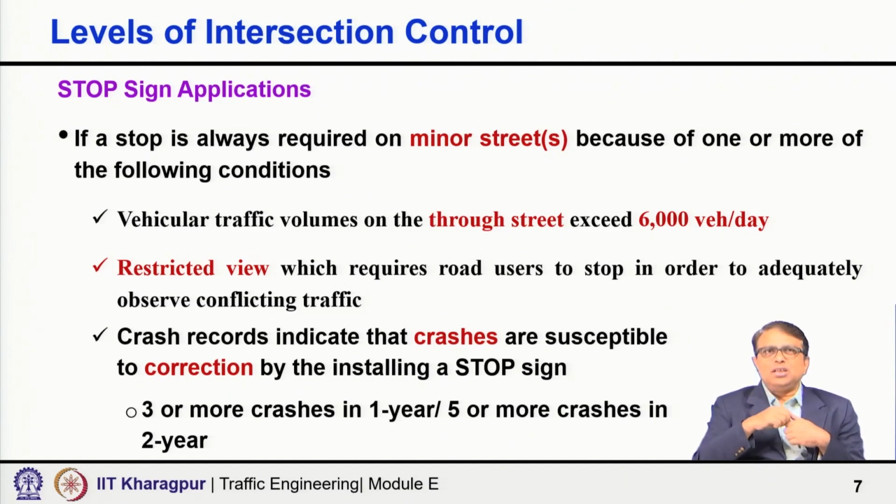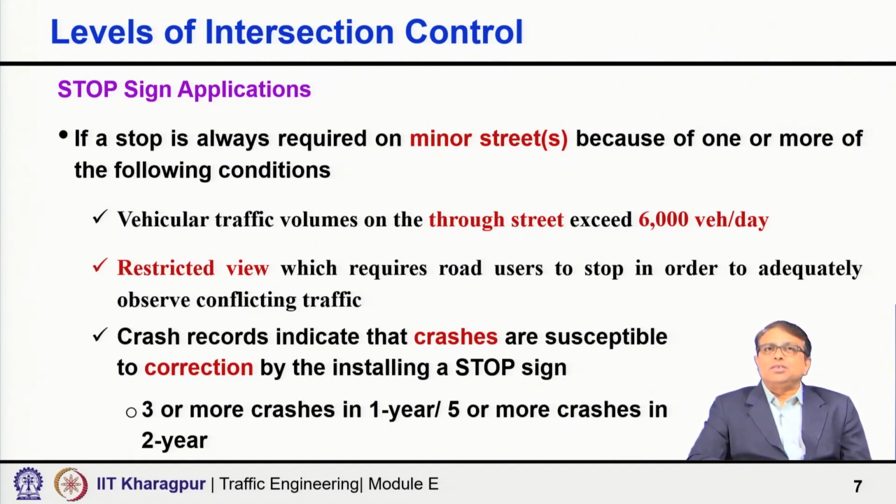If a stop sign is there, then it is always required for vehicles on the minor street to stop. Where we require such stop sign applications, there are many possible situations, maybe where the vehicle volume on through streets exceeds 6,000 vehicles per day, that is one possible application of stop signs.